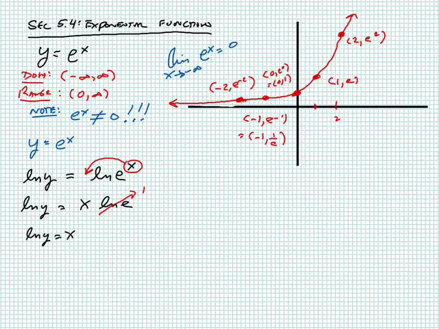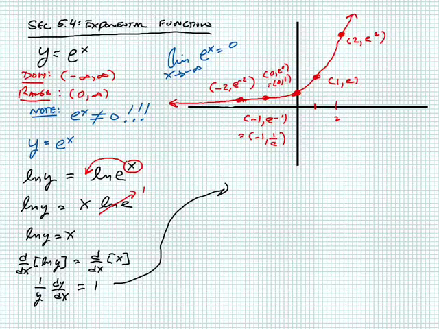Now if I differentiate both sides with respect to x, because I'm looking for y prime, which is the derivative of y equals e to the x, then the derivative of the natural log of y using implicit differentiation is 1 over y dy dx, and that's equal to the derivative of x, which is just 1.